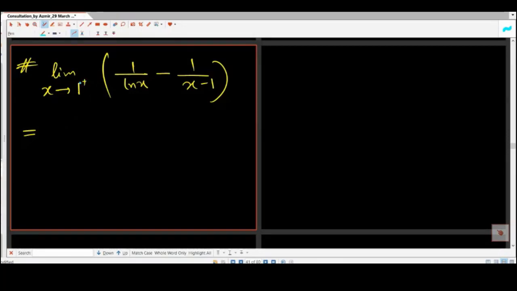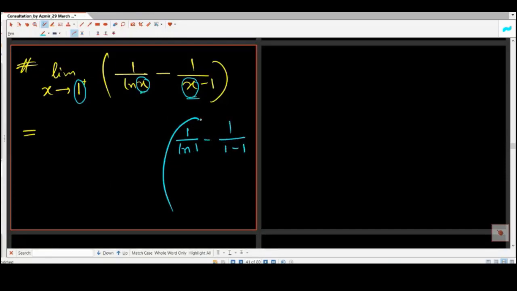So actually we have 1 here. First we have to check what type this one is. We have the position for x. Let's plug in 1. We are doing a rough check here. So 1 over natural log of 1, minus 1 over 1 minus 1.